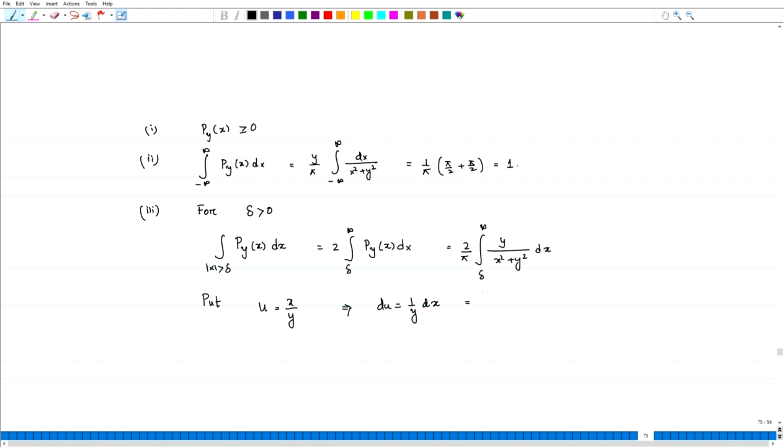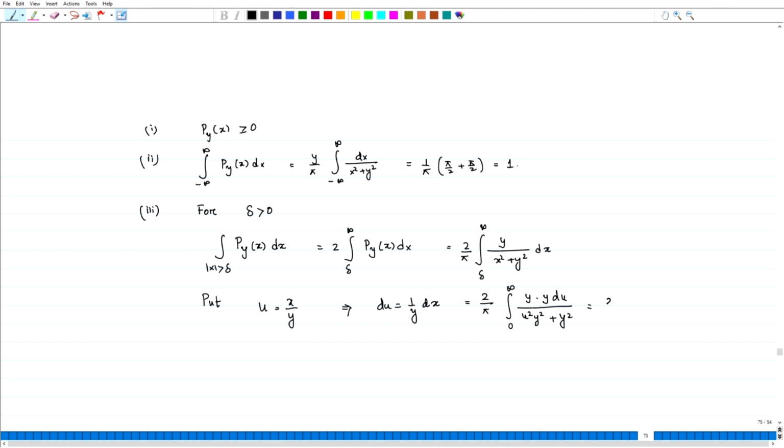So, this becomes 2 by pi, integral from 0 to infinity. If y x is equal to 0, this is 0, infinity. So, now this is y dx, that is y du, divided by x square, which is u square y square plus y square.